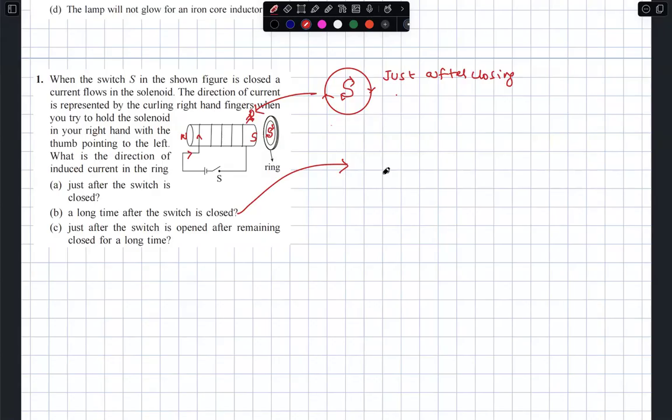No, sir. Right. Why? Because of steady flux. No current flows, because steady current flows in the solenoid.